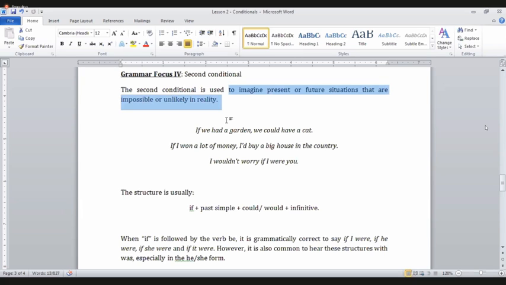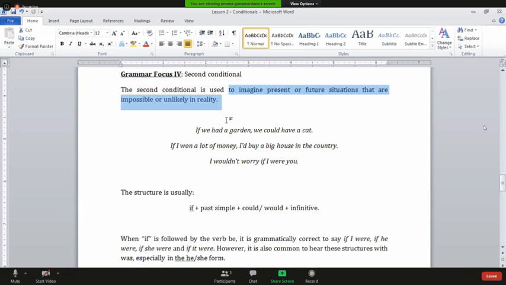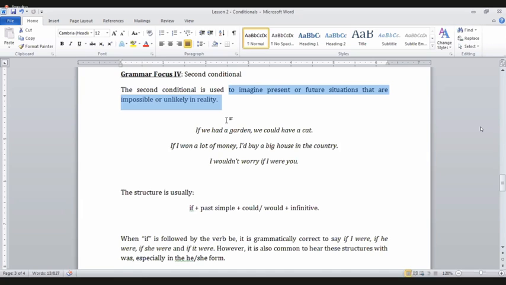But in the second conditional we imagine. So we are not talking about things in real life. We think of things, present or future, that are impossible or unlikely in reality.